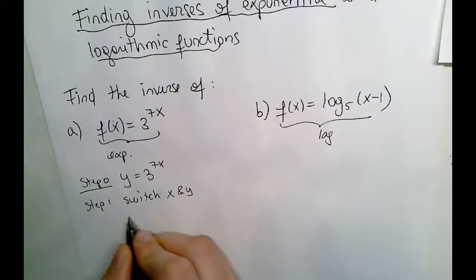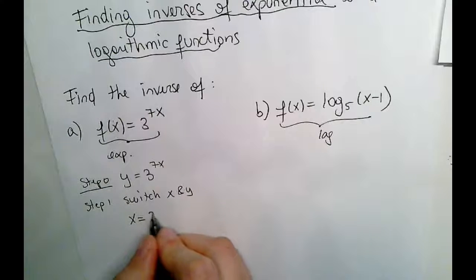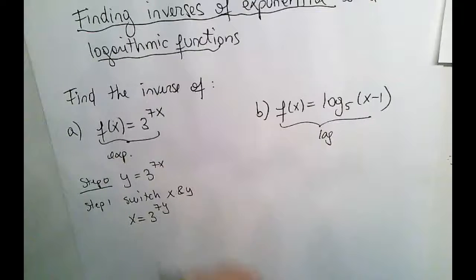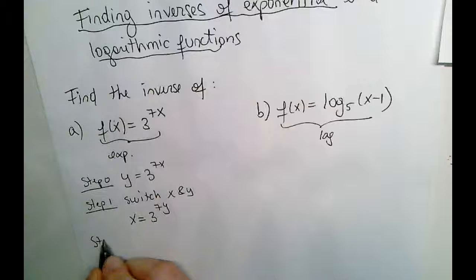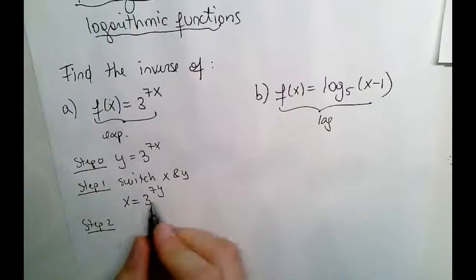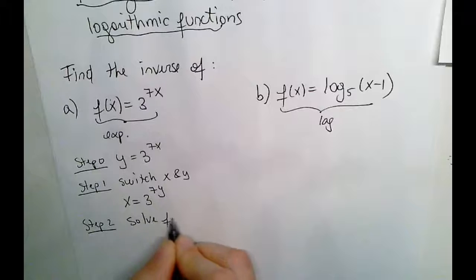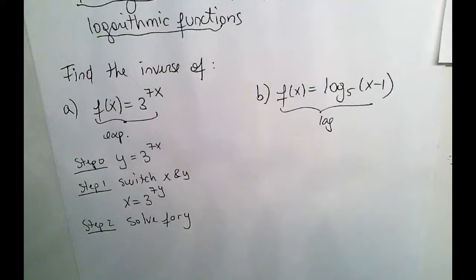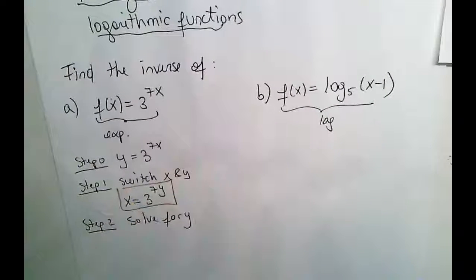So I'm going to have x equals 3 to the 7y. And then step 2, I don't recall if the steps were like that, solve for y. So it just came down to solving an exponential equation.